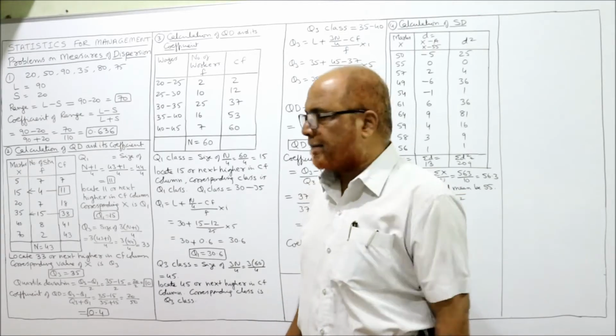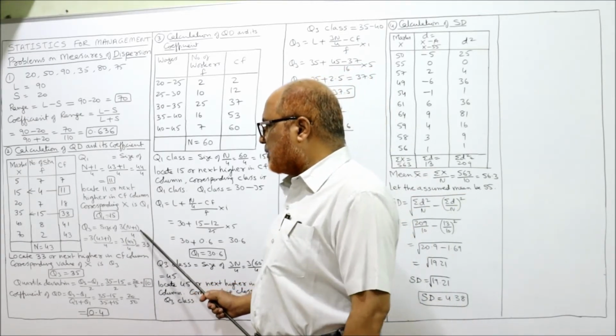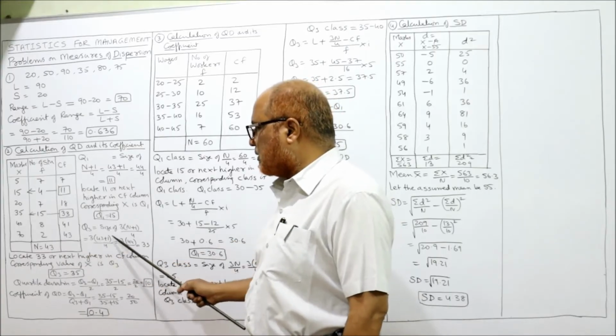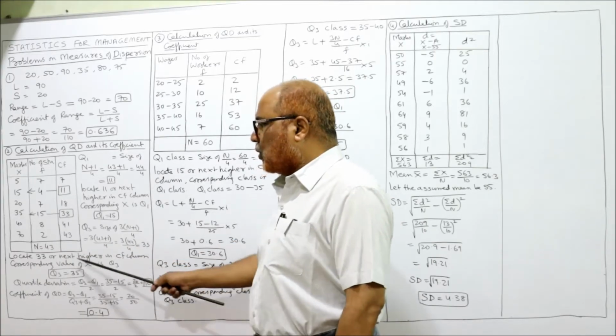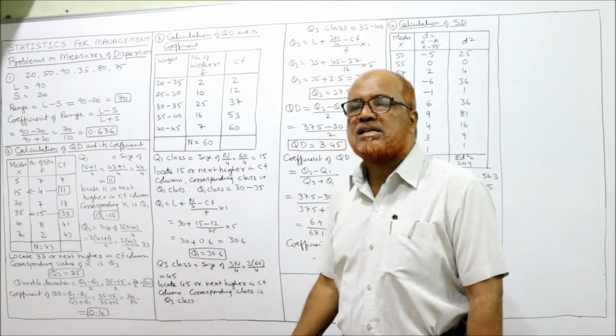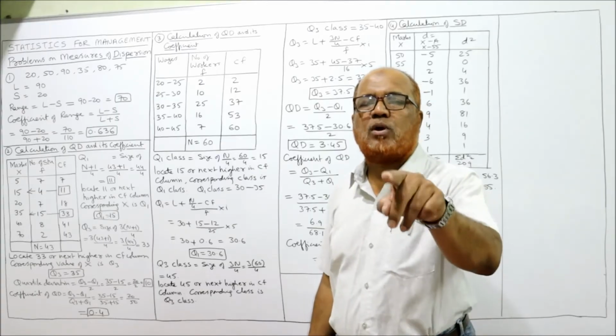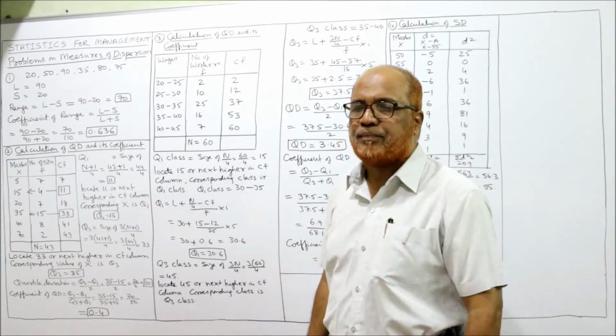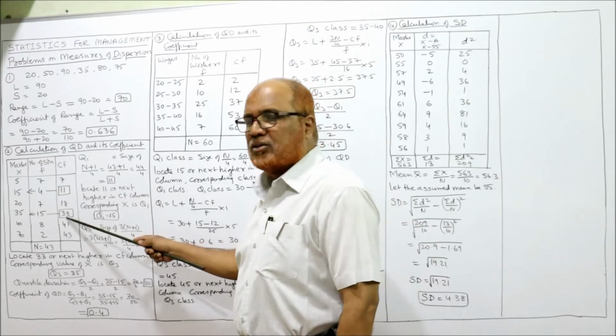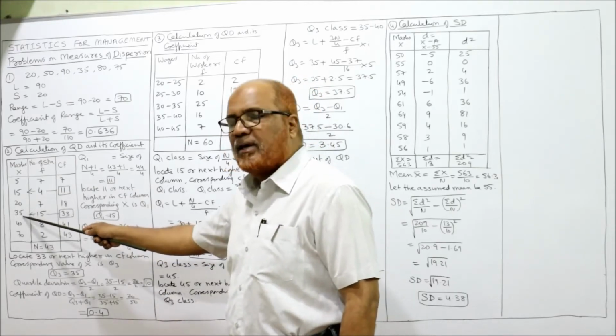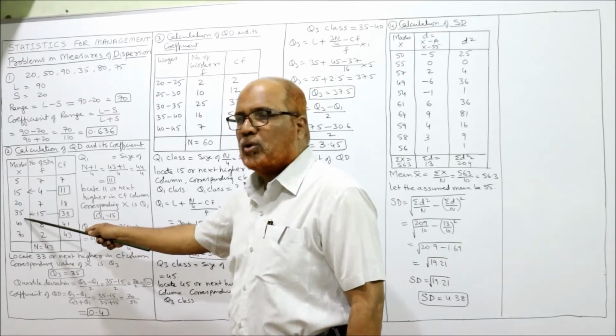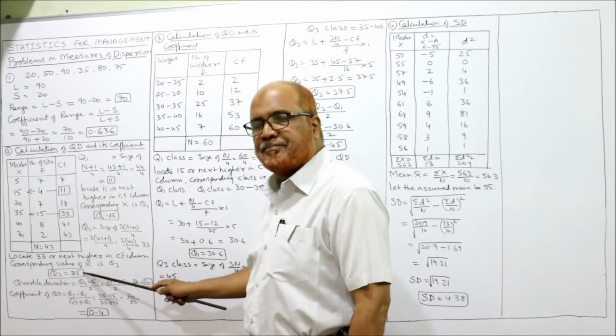That is the basic thing. Now 3 into (n plus 1) by 4, 3 into 43 plus 1 by 4, that is 33. So locate 33 or the next higher in the CF column; the corresponding value of x is the Q3. Here we have 33. Against 33, what is the x value? 35. So Q3 is 35.